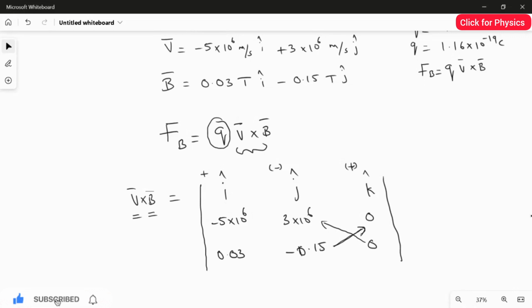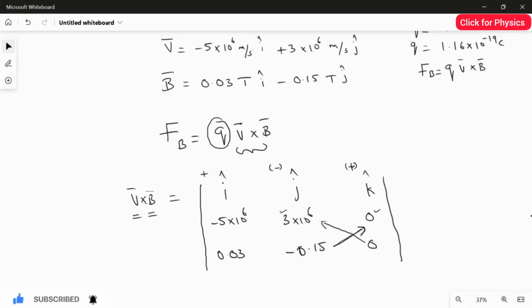After you multiply, you have to subtract this value from the first one. So this one is positive and this multiplication is negative. That means you first find one multiplication and subtract the second multiplication, and the direction should be like this.